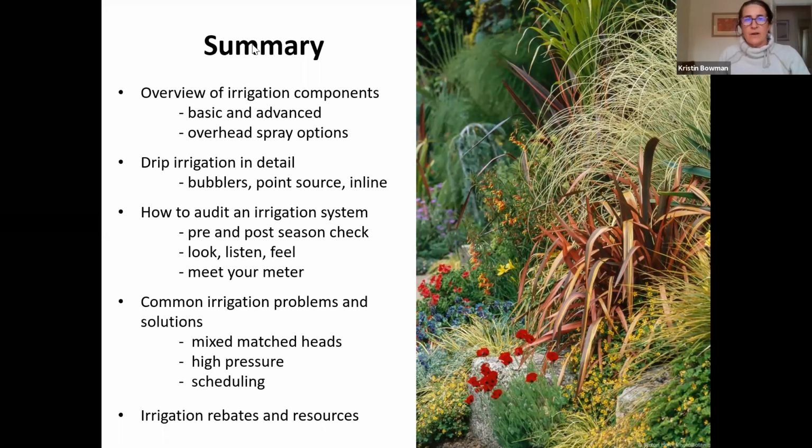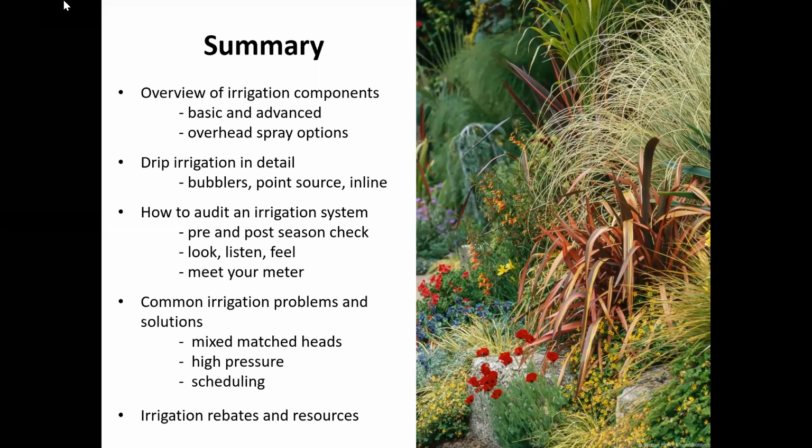There's a question here. Can rodents create destruction to drip lines? Absolutely. They can definitely chew through things, but I will also say that we can also do that accidentally on our own too, with raking and whatnot. So it's really important to audit your irrigation system and do a walk around to see or hear where those drip lines could be having issues.